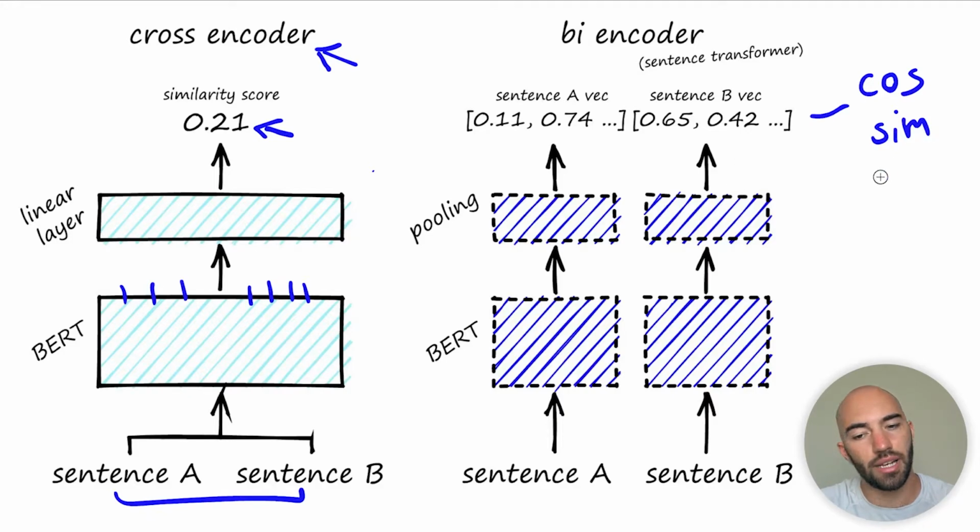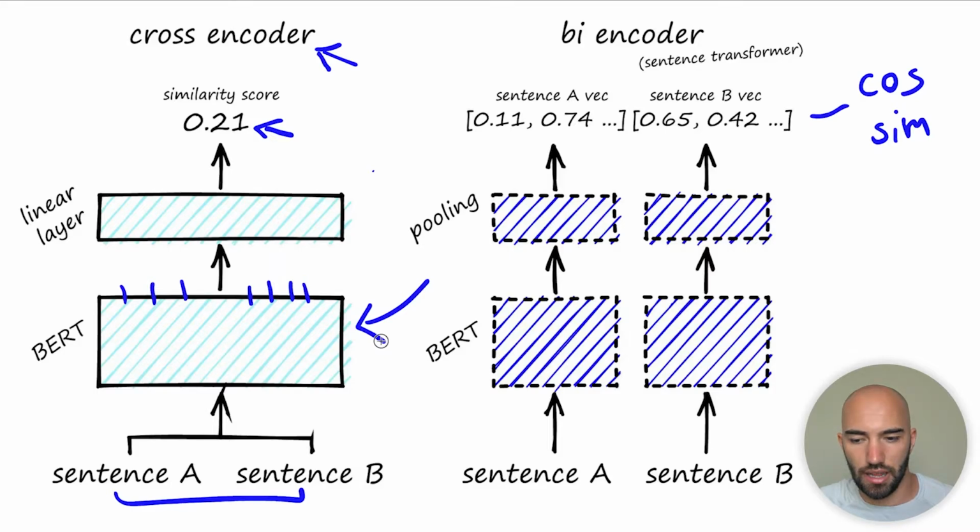And the cosine similarity operation is much quicker than a full BERT inference, which is what we need with a cross encoder. I think for clustering 10,000 vectors, using an SBERT cross encoder would take something like 65 hours, whereas with a bi-encoder, it's going to take about 5 seconds. So it's much quicker, and that's why we use bi-encoders or sentence transformers.